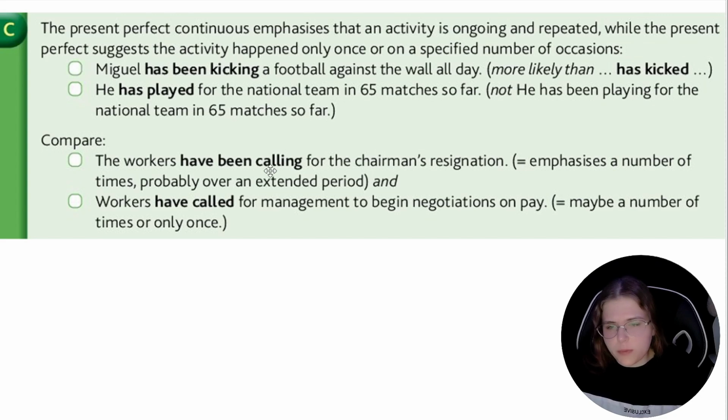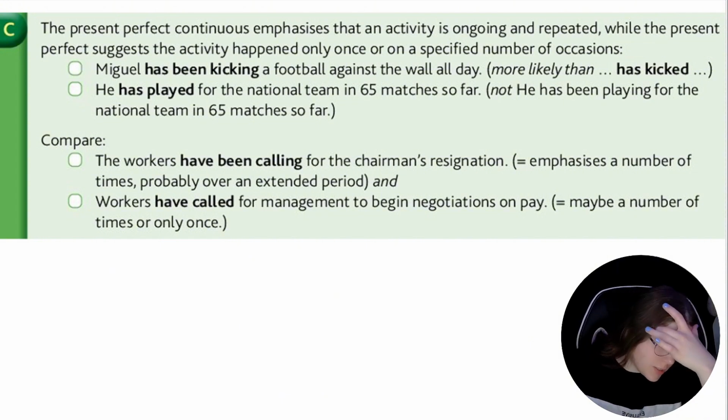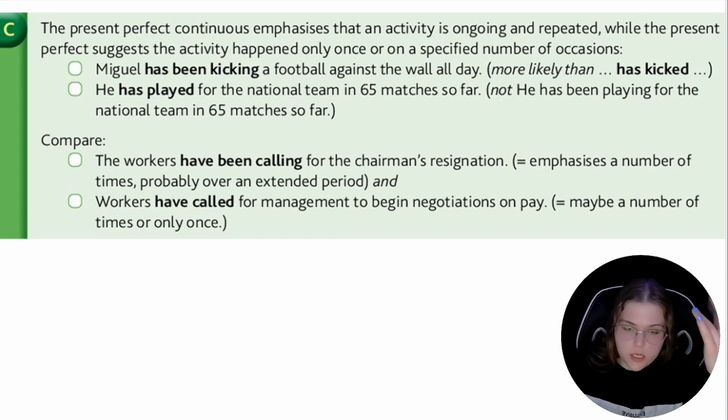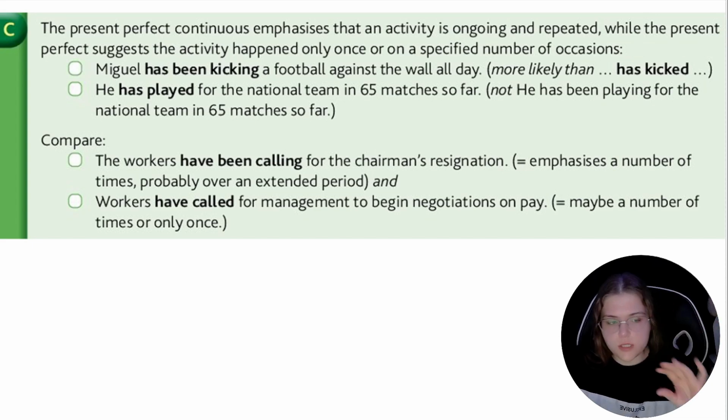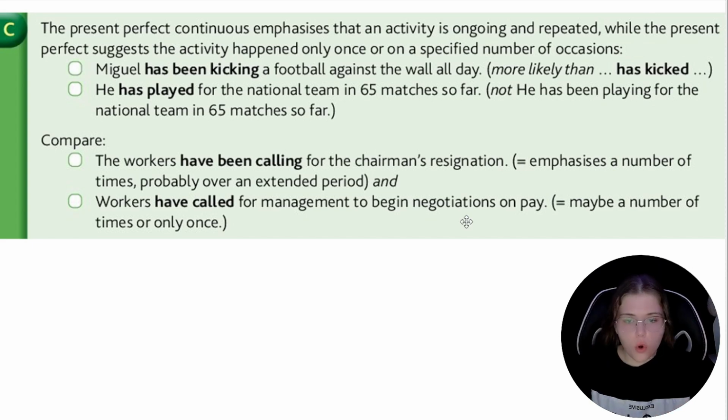Compare. The workers have been calling for the chairman's resignation, emphasizes a number of times, probably over an extended period. And workers have called for management to begin negotiations, like discussion, maybe conversation between two sides about new working conditions, for example.